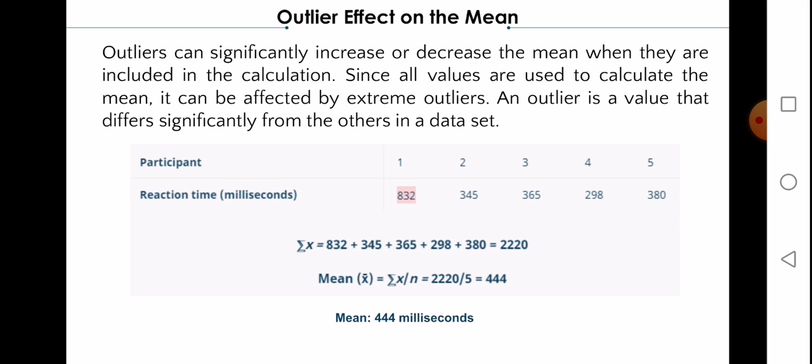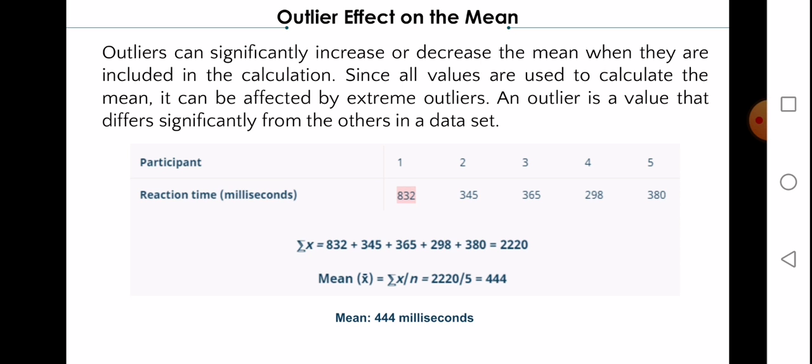Outlier effect on the mean. So outliers can significantly increase or decrease the mean when they are included in the calculation. Since all values are used to calculate the mean, it can be affected by extreme outliers. An outlier is a value that differs significantly from the others in a data set.